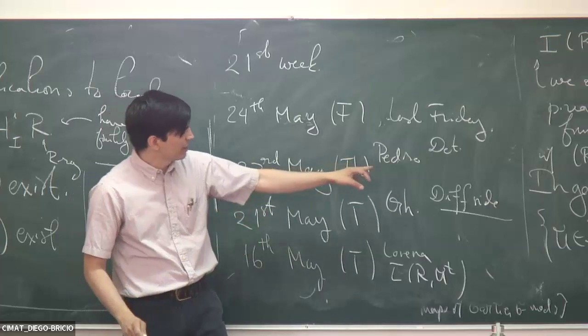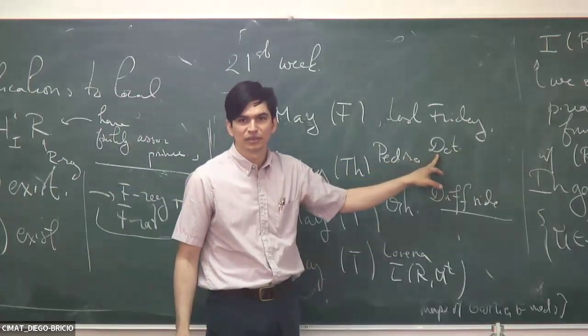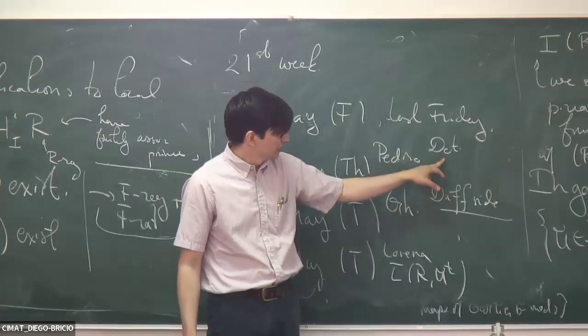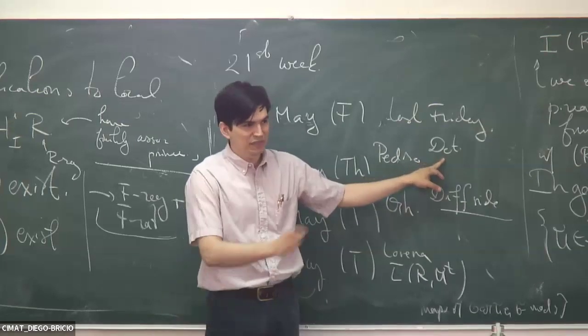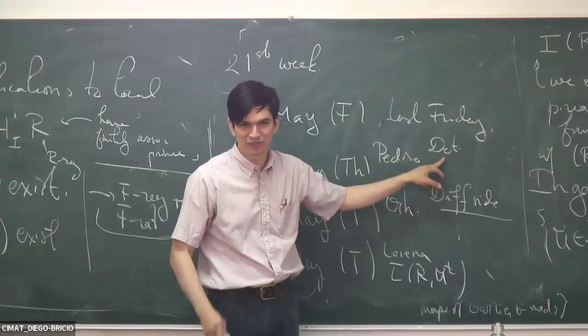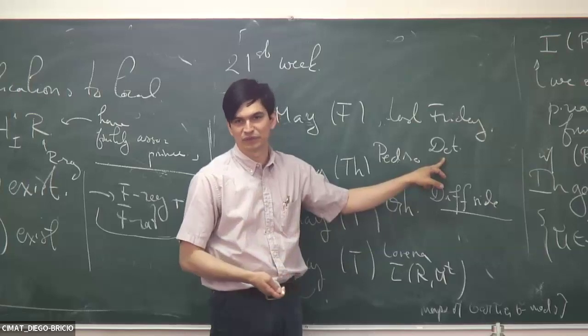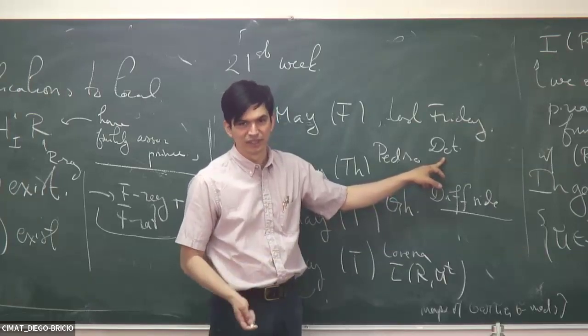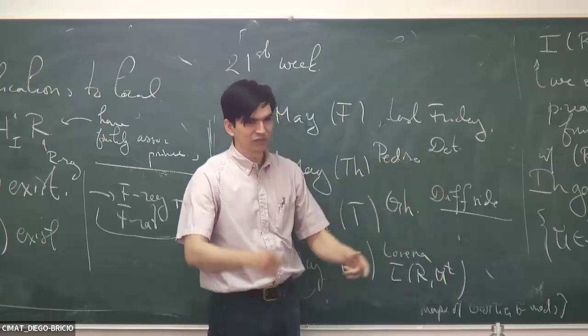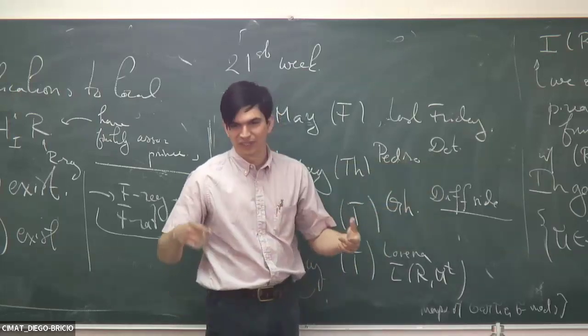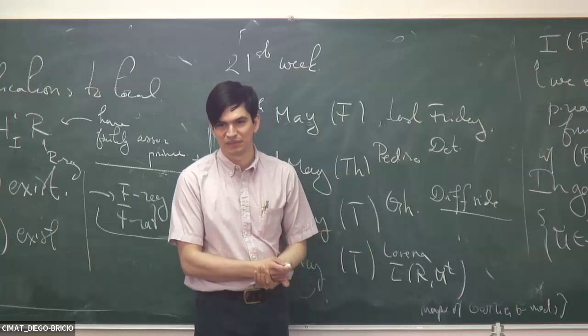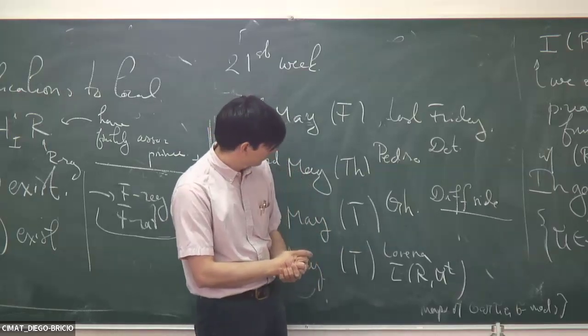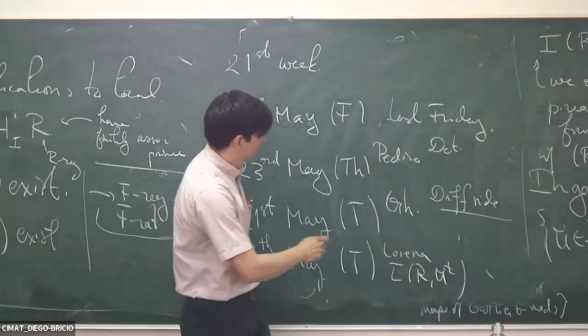I love this example because essentially Pedro is going to tell us how everything we have done so far works in one concrete but far from trivial example that still has open problems on it. And this example is going to involve local cohomology, all sorts of things that we have done so far. So Pedro is going to do that.